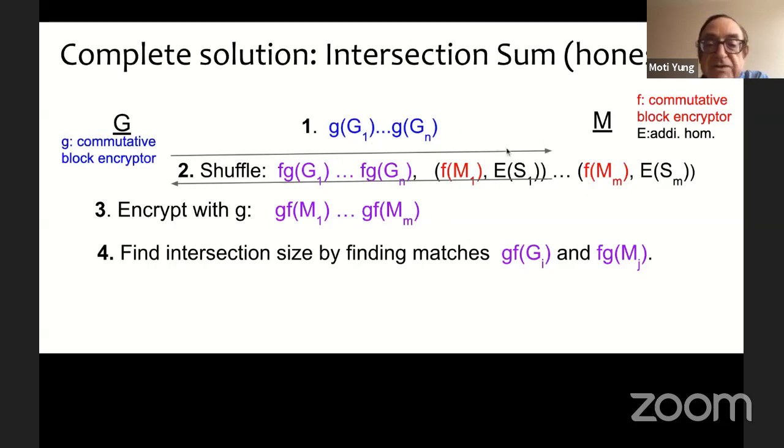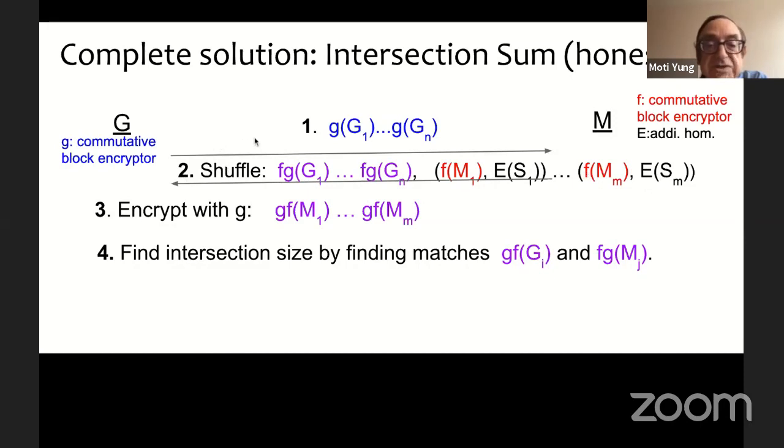It's blue here, so M takes its commutative encryption key and applies it to this set, and you get F to the G to the GI. It also takes its own set, F of M1 up to F of Mn, with the associated encryption, and sends it back to the other side.